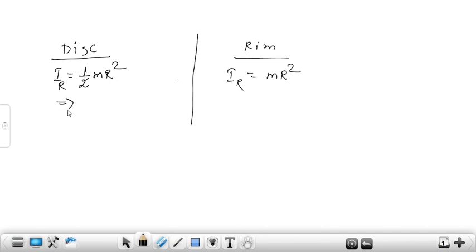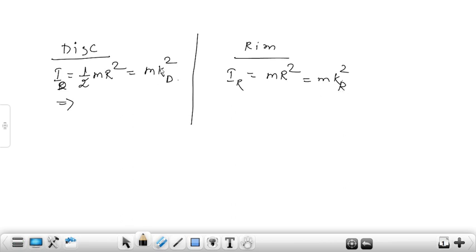So in terms of radius of gyration, I is equal to m k d square for disc type, and also m k r square for rim type.